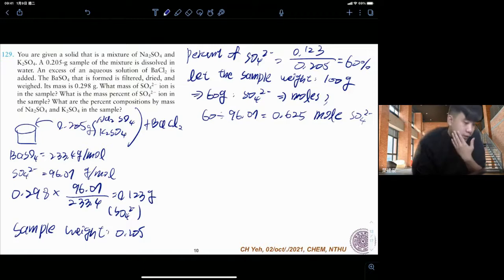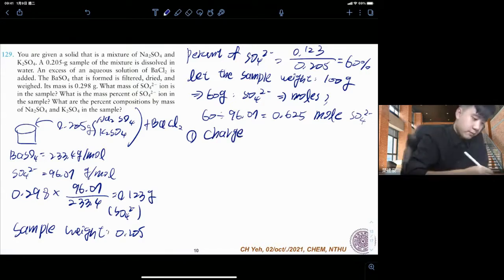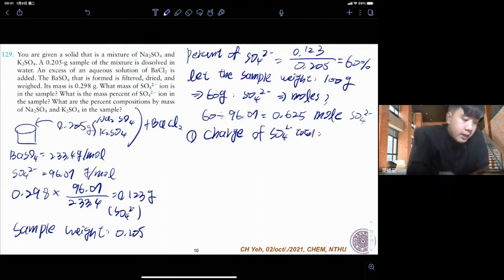You have 0.625 moles of sulfate ions, and each mole of sulfate gives a charge of -2, so the total charge is negative 1.25.